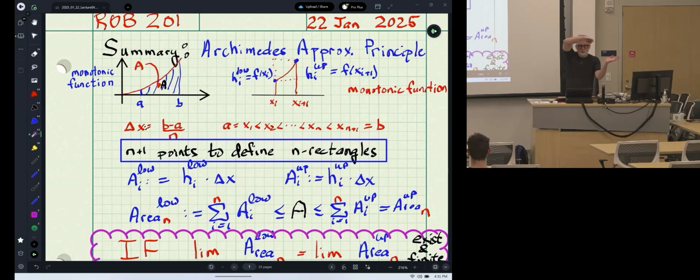Now, of course, if the function were monotonically decreasing, you would just flip those. Okay, so that's an easy change.